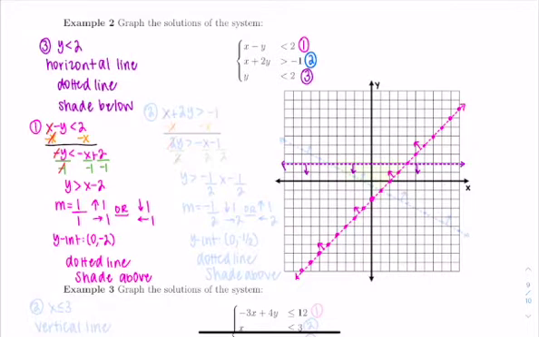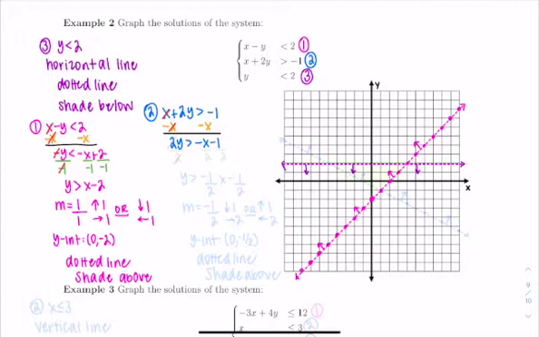And we've got one more equation to look at. Equation number 2, x plus 2y is greater than negative 1. We want to put this into slope-intercept form, so let's go ahead and subtract x from both sides. So we get 2y is greater than negative x minus 1.